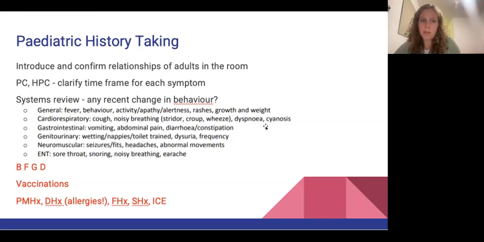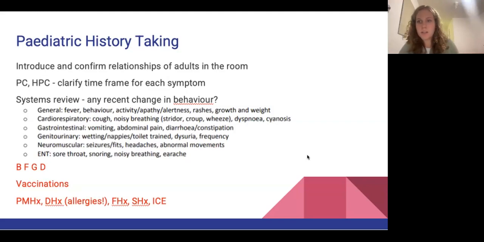GI: vomiting, abdominal pain. A lot of the time you can't determine exactly where the abdominal pain is, so it's important to look around for other symptoms and signs like diarrhea, constipation. And then in children, particularly, the hydration status is really important. So how much have they been drinking? You want to establish in milliliters for babies how much milk they've been drinking.